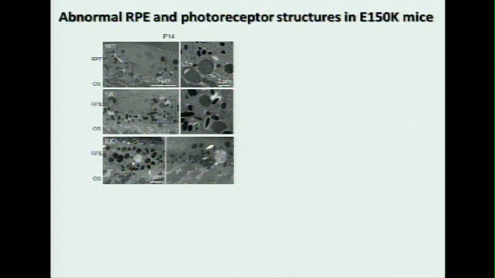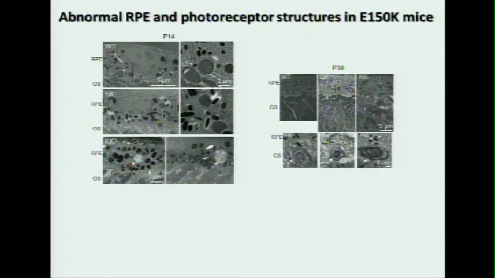We did transmission electron microscopy for the E150K mouse, and we can see in the homozygous mouse abnormal phagosomes inside the RPE cells, indicating improper disc shedding in the E150K mouse. Also, we can see disorganization of the outer segment in the homozygous E150K mouse, and an inclusion body with a thick coating outside.